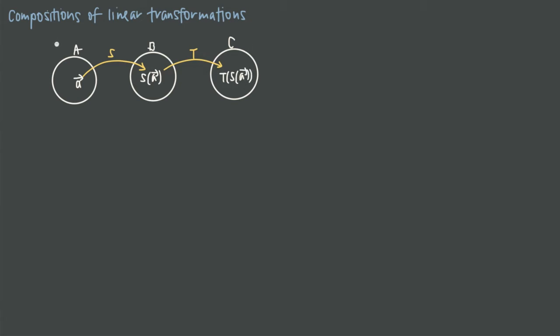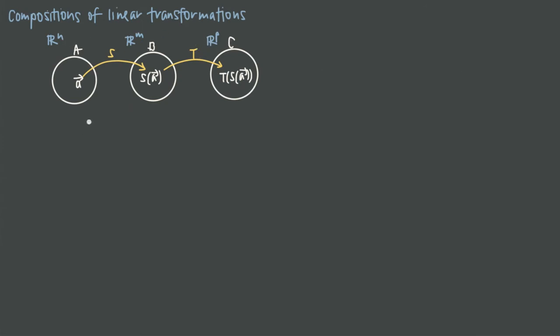And we want to say here too that A is in Rn space, B is in Rm space, and C is in Rp space. N, M, and P don't necessarily have to be equal. We could be transforming across spaces, or they could all be equal. We could be transforming all within one space.